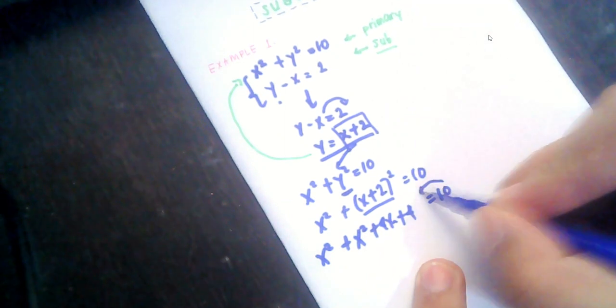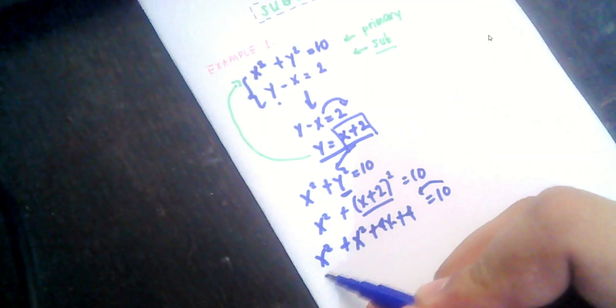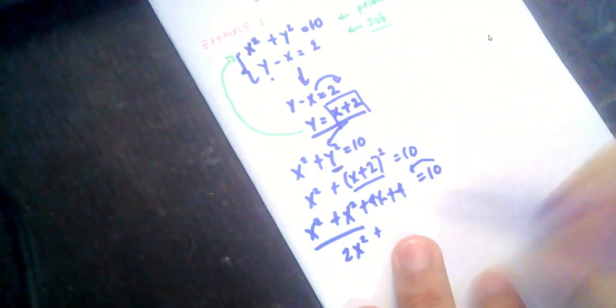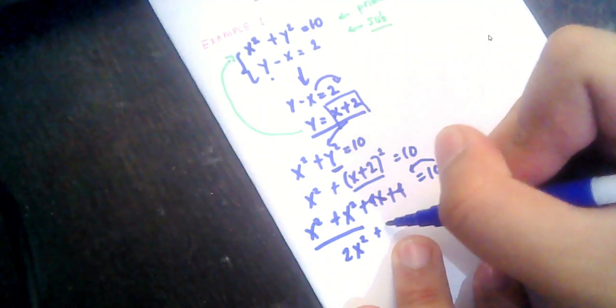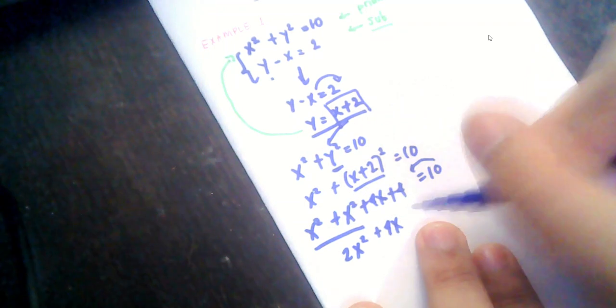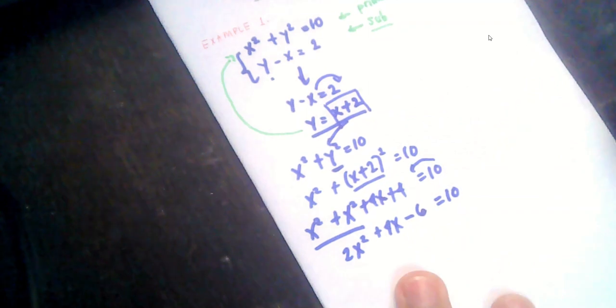Okay, so actually we can transpose 10 to the other side. Let us first combine like terms. That is now 2x squared plus 4x, and 4 minus 10, that is negative 6, equals 0.